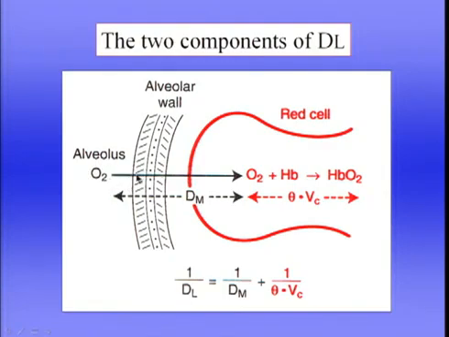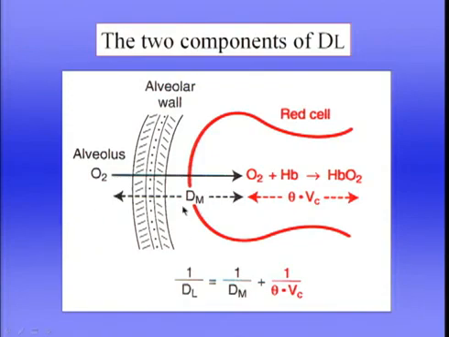First of all, what we've got here is the alveolar gas. We've got the alveolar wall with the epithelium, the extracellular matrix, and the endothelium here. Here's the lumen of the capillary, and here's a red cell. And you see we're dividing the process, the uptake of oxygen in this case, also could be carbon monoxide, into two processes. The one is the diffusion through the blood-gas barrier and through the contents of the capillary until it combines with the hemoglobin. We're going to call that DM, M for membrane.